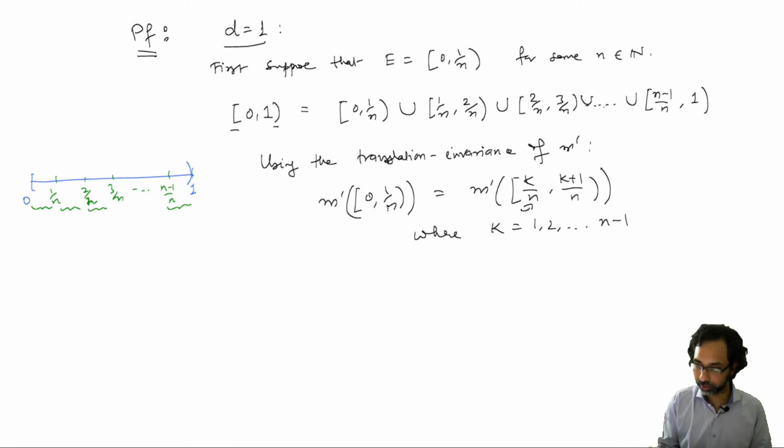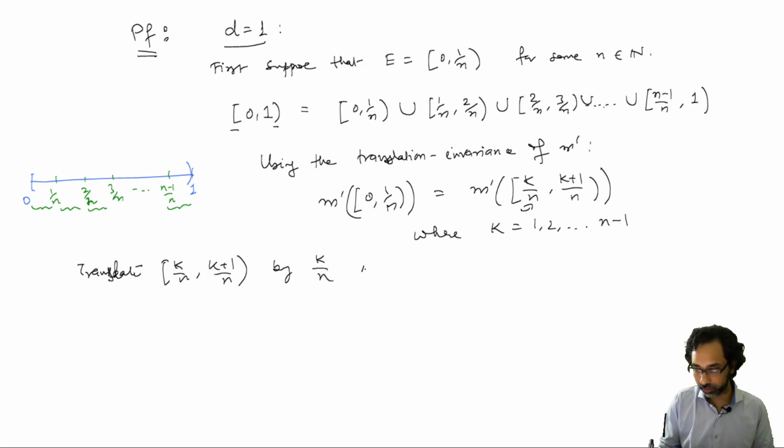So if you translate this set k by n, k plus 1 by n, by the number k over n, one gets 0, 1 over n.